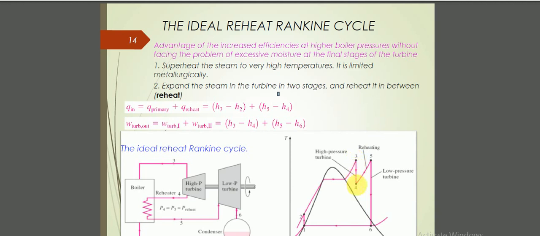After it gets expanded from 3 to 4, again it is reheated to a temperature of 5. Again it is reheated to the same temperature, you can see here, to point 5. Then it is expanded in a low pressure turbine till point number 6. So by using a reheat, we are mainly avoiding one major disadvantage, that is the moisture content.